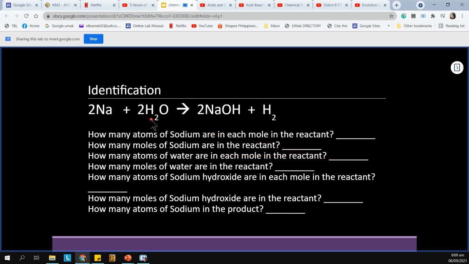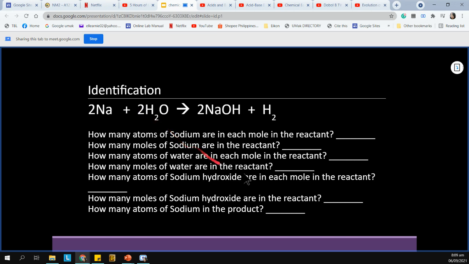In each mole po, meron pong 2 atoms ng hydrogen at saka 1 atom ng oxygen. Is that the question? Remember, we're talking about water. Bakit iniwalay mo? Ilang water ang meron tayo? 1 lang po. Yon ang sagot. Okay, so 1. I did not specify kung ilan yung hydrogen, ilan yung oxygen. I'm asking for the compound water. So medyo tricky again, so ingat-ingat.